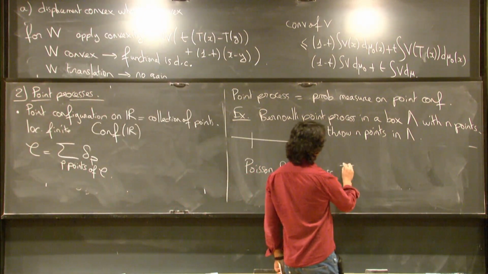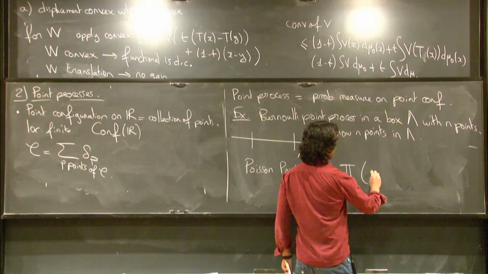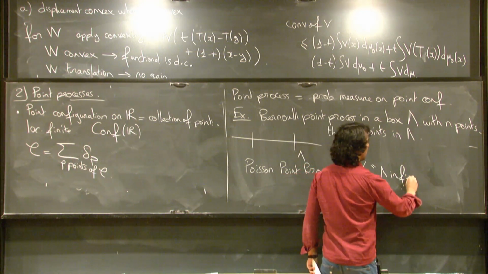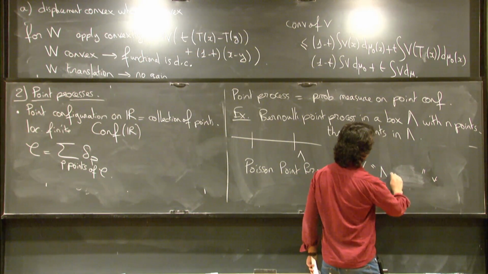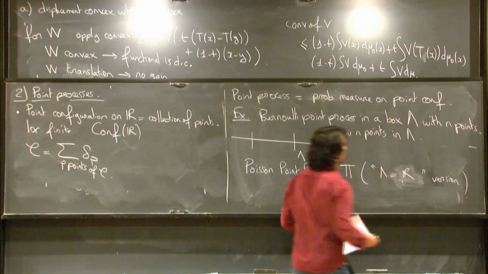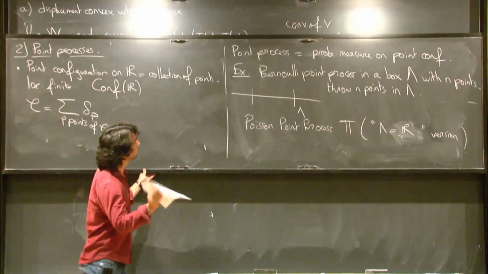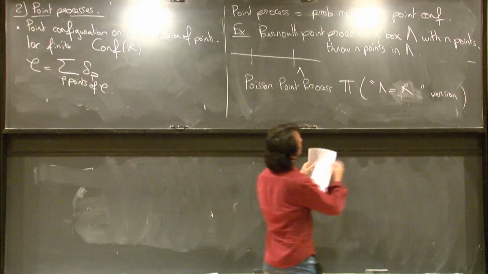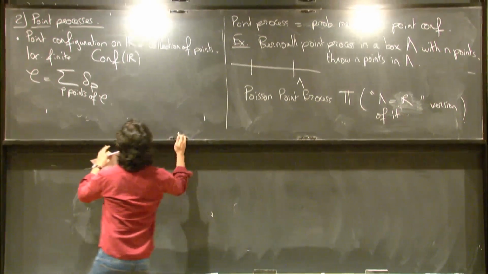So I'm not going to define it, but it's sort of a lambda infinite version, or lambda equals R version of it. So for the Poisson point process, first you, well, yeah, okay, that's easy.